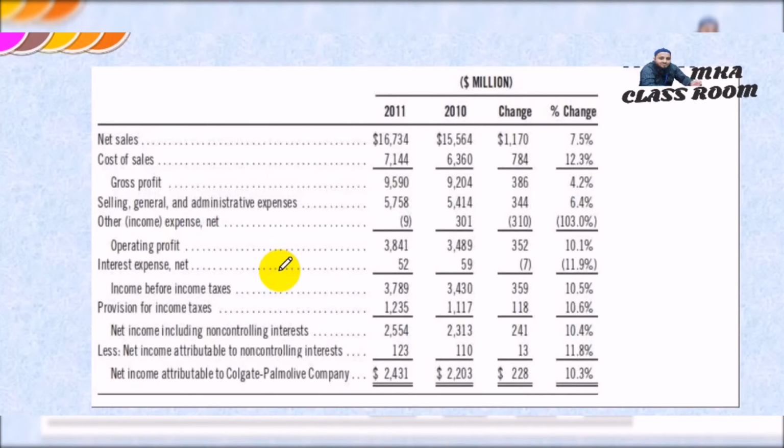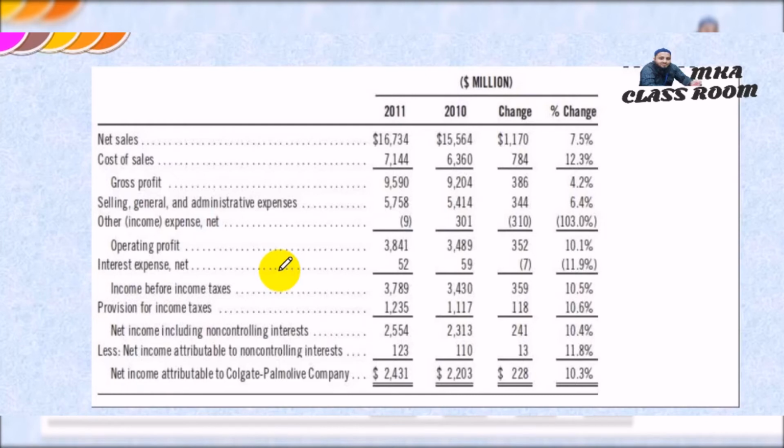2011 and 2010. Net sales, cost of sales, gross profit, selling, general and administrative expenses, other expenses, operating profit, interest expenses, income before income taxes, provision for income taxes, net income including non-controlling interest, etc. There are several items.